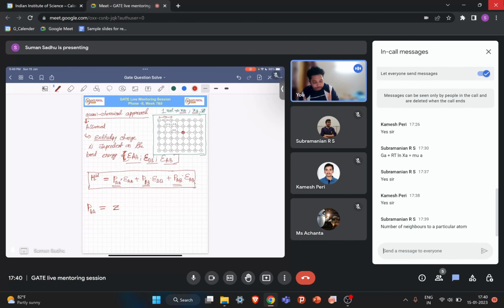So the probability of finding an A atom is XA. So your probability of finding an A type of bond will be Z into XA, right?